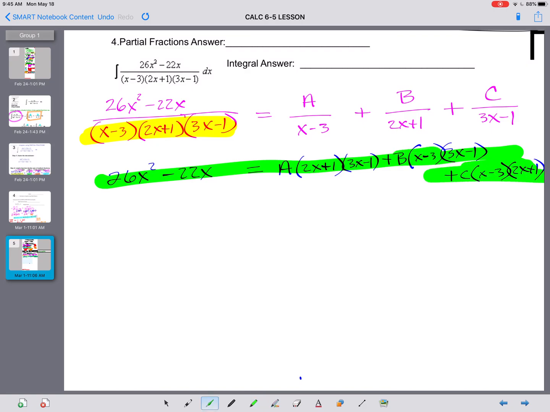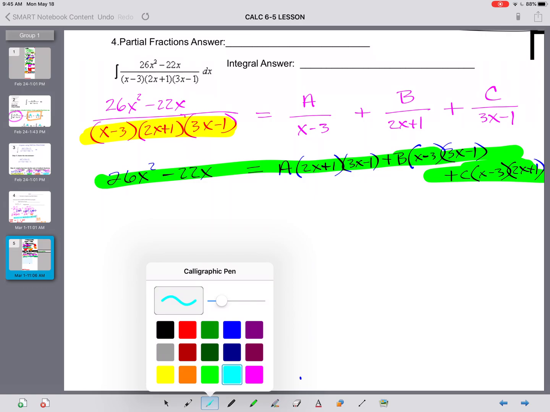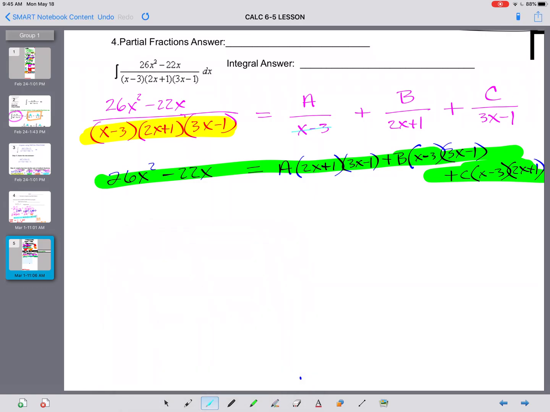one at a time, the numbers that will make our denominators equal to 0. First, x minus 3 equals 0. Add 3 to both sides, x equals 3.